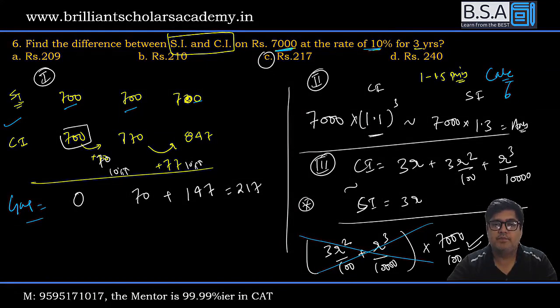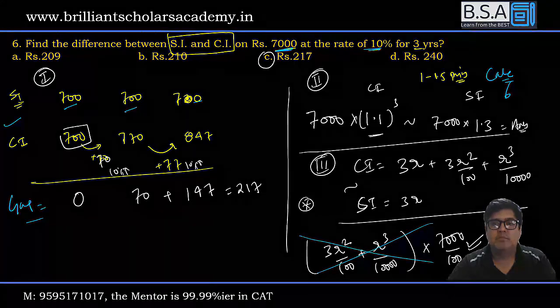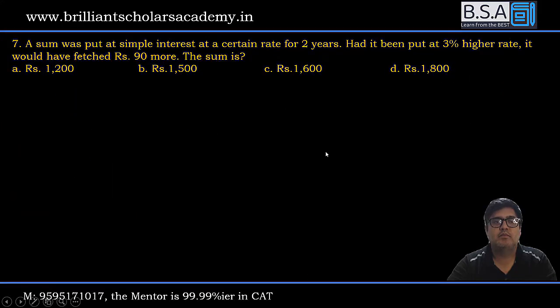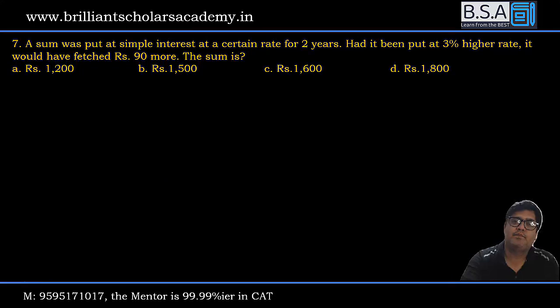Yes. 1.1 cube will be 1.331. Yes. Give it a shot. Very elementary level questions.